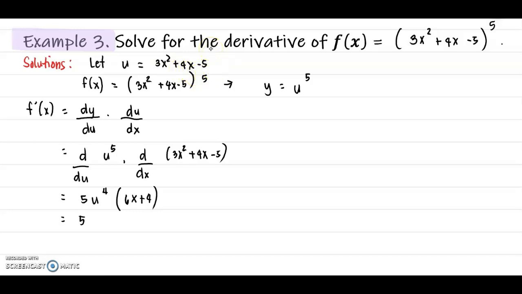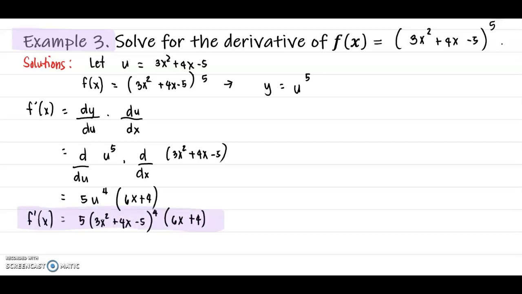So we have here 5 times the quantity 3x squared plus 4x minus 5 raised to 4 times 6x plus 4. And that's already our derivative. So that is already f prime of x. That is our final answer.